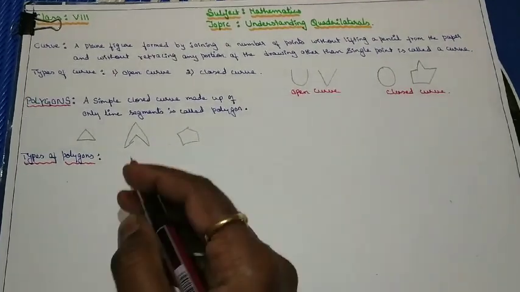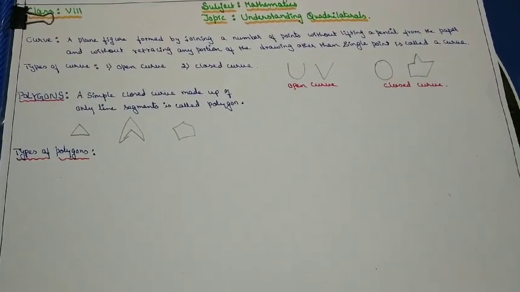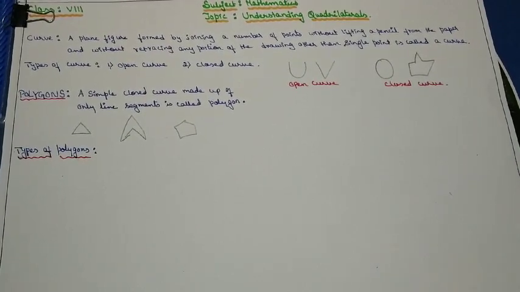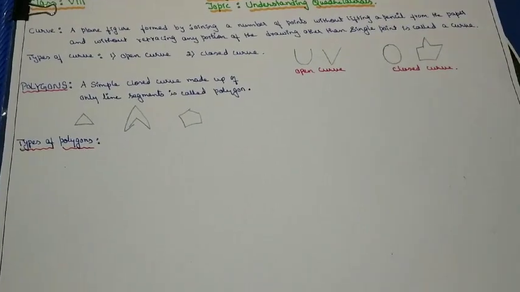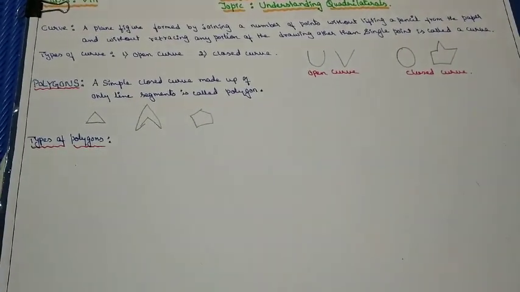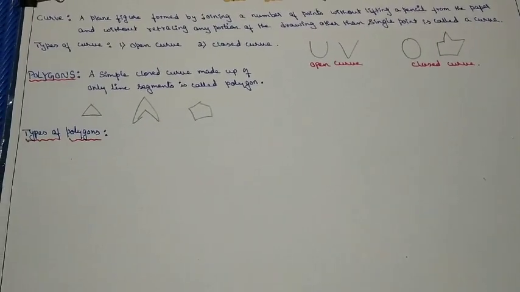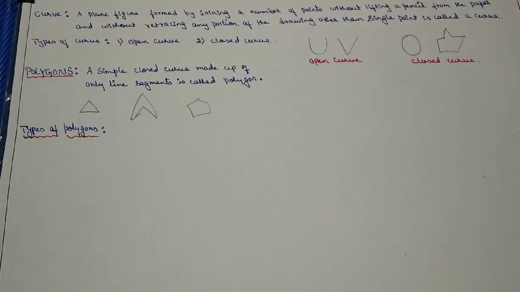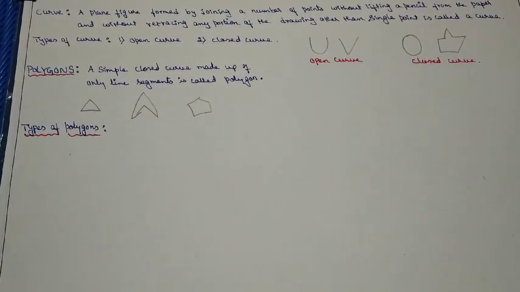Now types of polygons. Polygons are classified depending on the number of sides or the number of vertices. If a polygon has 3 sides or 3 vertices, we call it a triangle. If it has 4 sides or 4 vertices, we call it a quadrilateral.